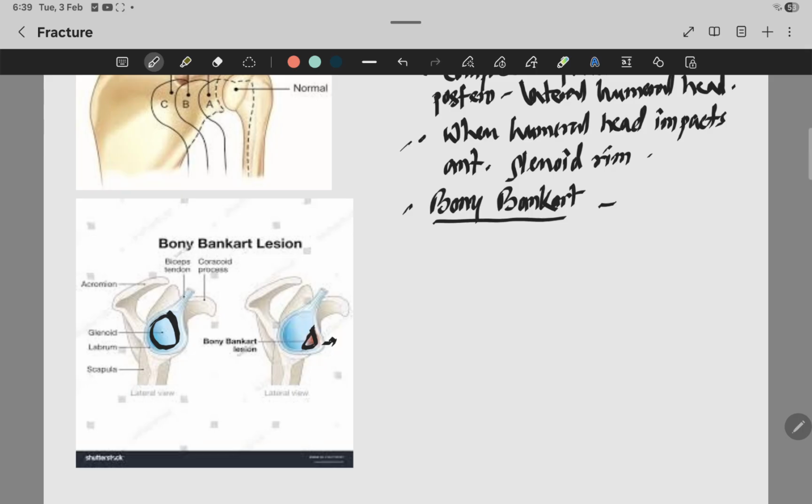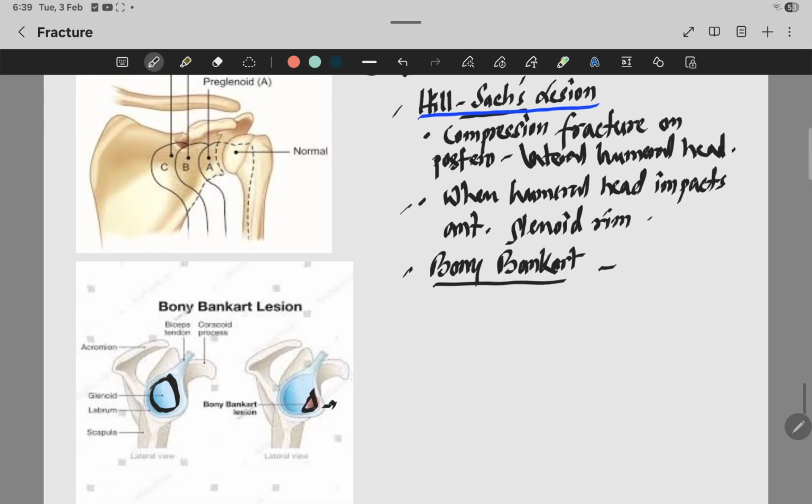What is the bony Bankart? There is a fracture of the anteroinferior glenoid rim.